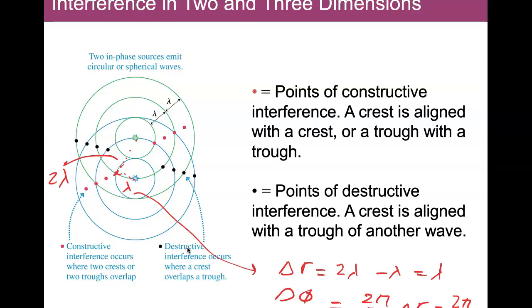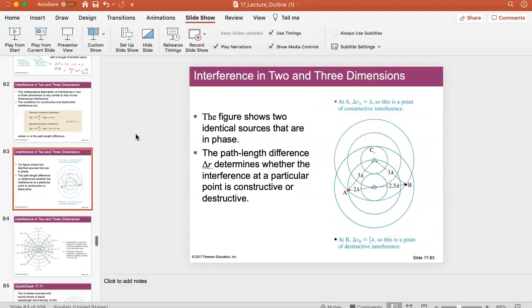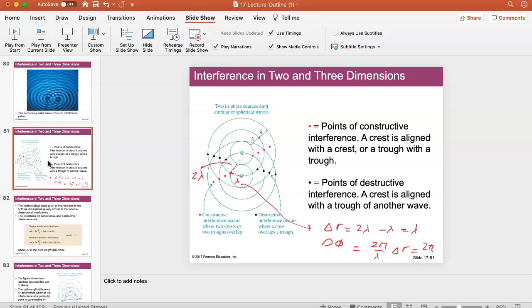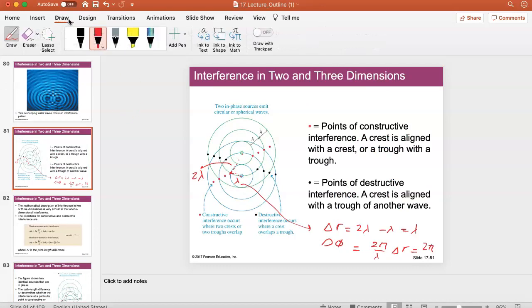Now, interestingly, there are these points where the interference is destructive. So if you have a crest that's a positive value, right? Okay, so here you have some maximum.